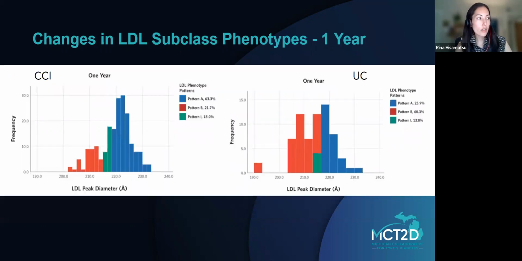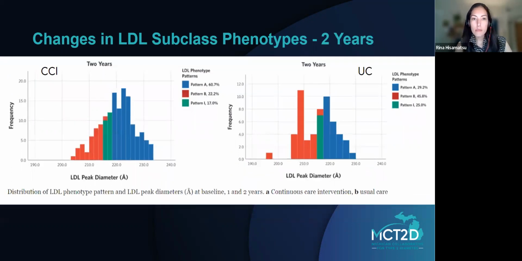So that's at 1 year, and that's at the 2nd year. The results show that in the CCI participants, there was a shift in the LDL subclass phenotype from B to A. However, in the usual care arm, there was no significant difference.